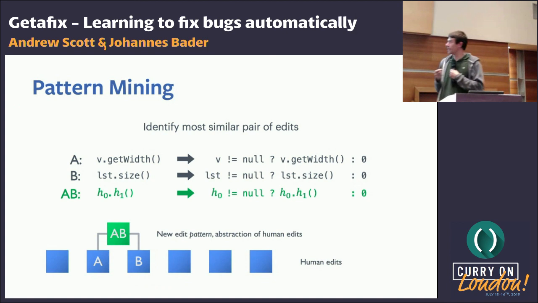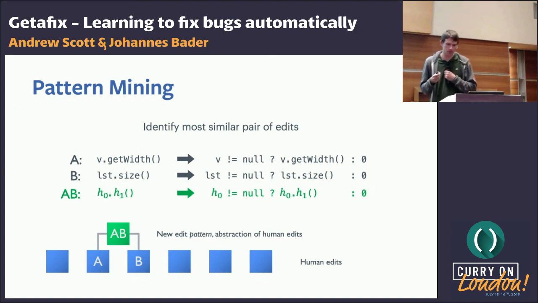Now we're going to calculate a pattern from these two edits, which preserves as much information as possible. Since the structure of both of the edits agree, we're going to maintain that structure, and similarly, since both edits use the null and zero literals, we'll maintain those as well. However, in the locations where they differ, we'll use abstract metavariables, in this case h0 and h1.